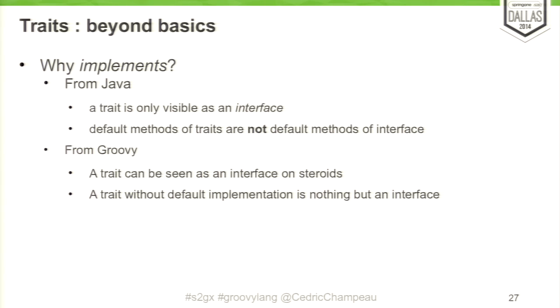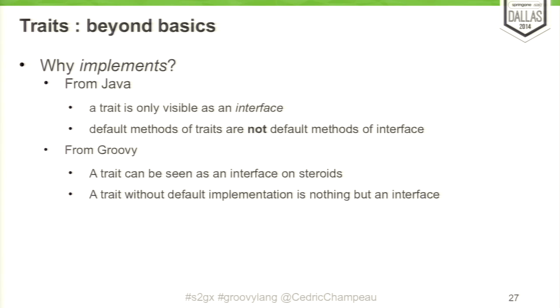So if you take a look at that interface in Java and implement it, it will complain saying you don't implement those methods, even if you did define them in the trait. Does it make sense to you? So it's really something that you have to know.